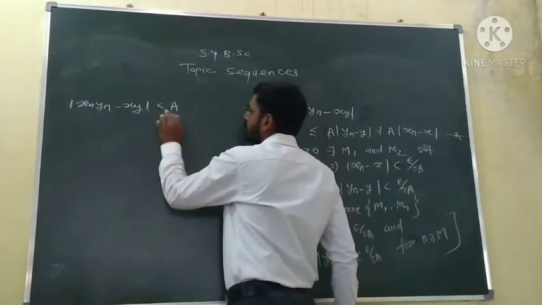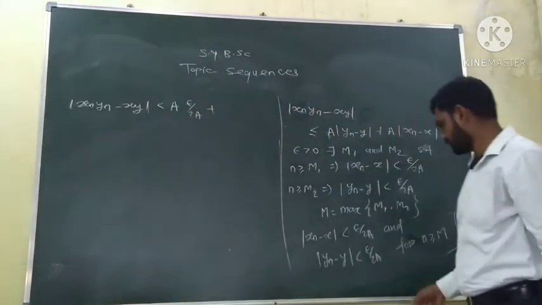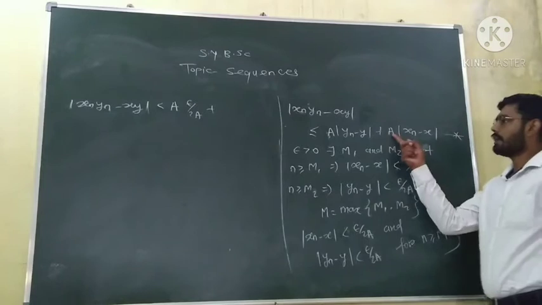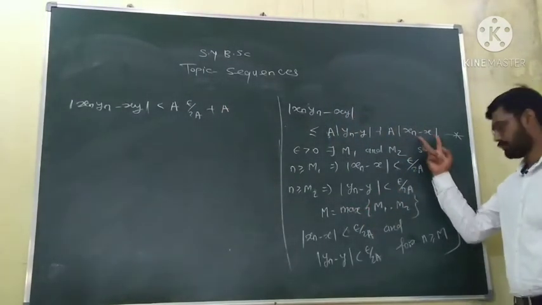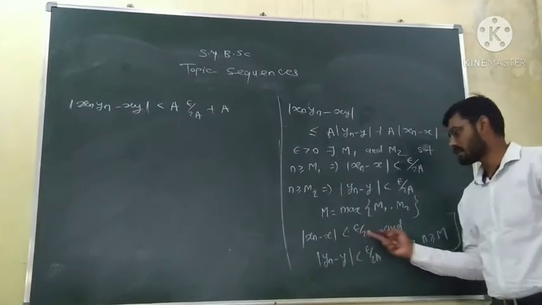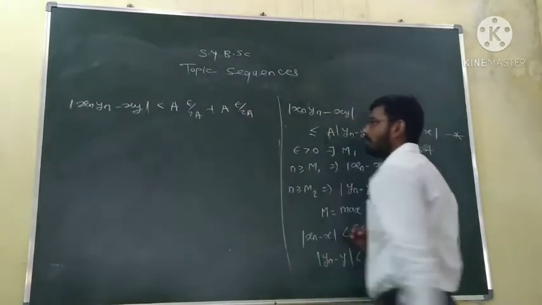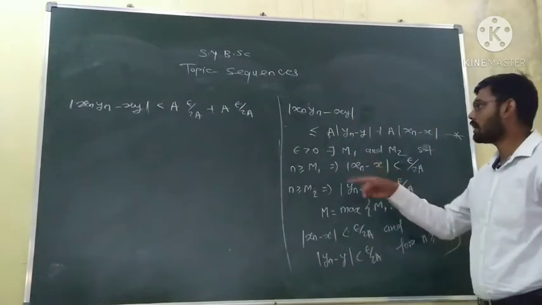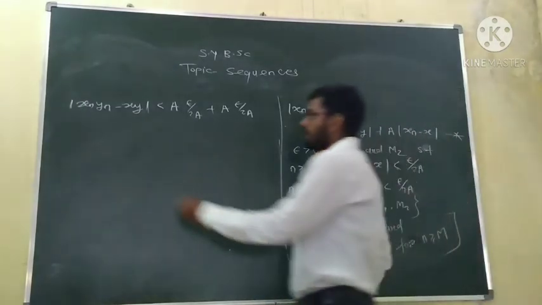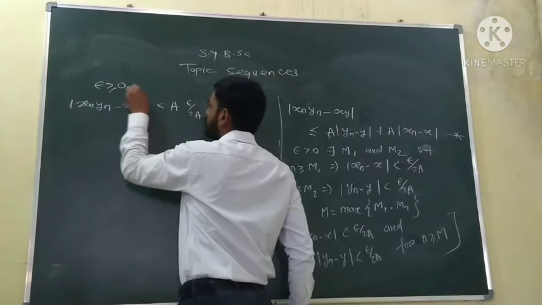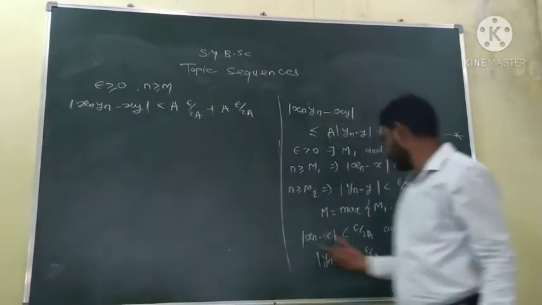So we write this is less than epsilon by twice a, plus a into mod of xn minus x, but mod of xn minus x is less than epsilon by twice a, and this is happening for epsilon greater than 0 and n greater than or equal to m.